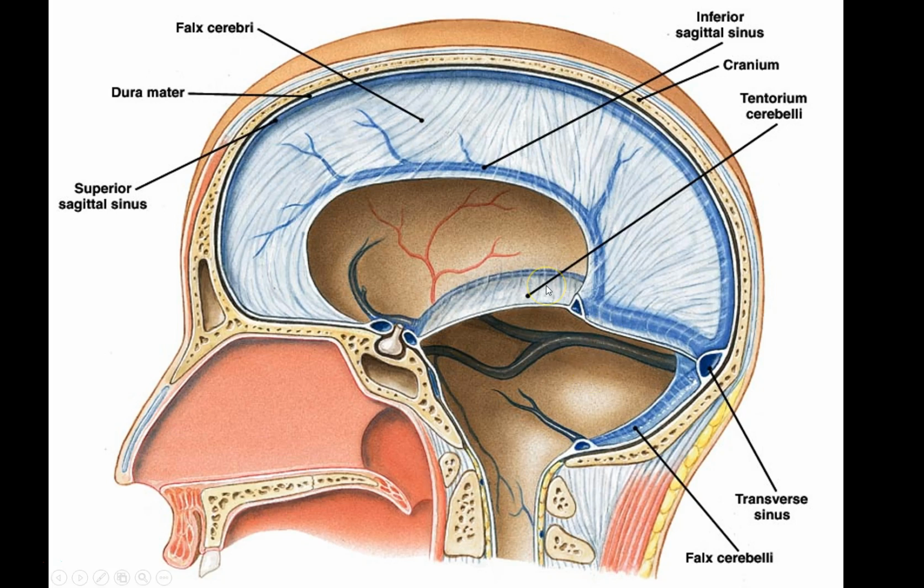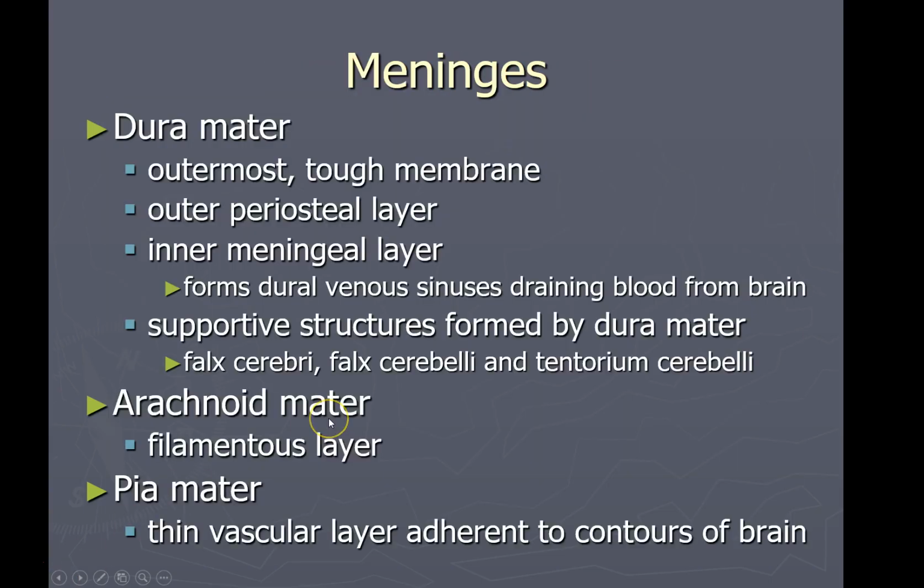Here's just a different view, because I skipped over the accessory structures. They were off the pia for the spinal cord. These are off of the dura mater, and there's three of them. We have falx cerebri, falx cerebelli, and tentorium cerebelli. They're thick connective tissue, because they're part of the dura.